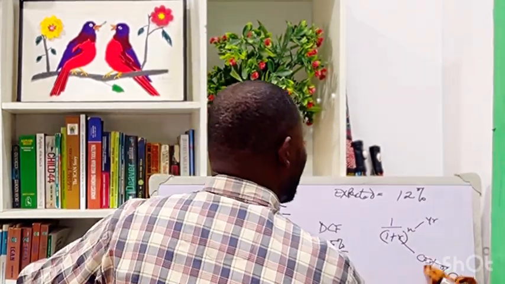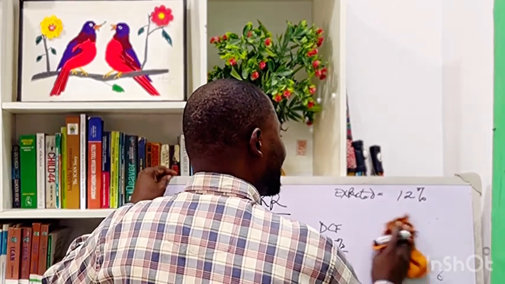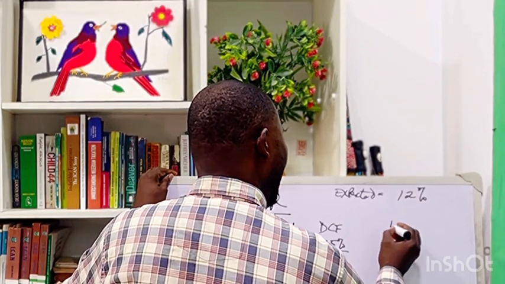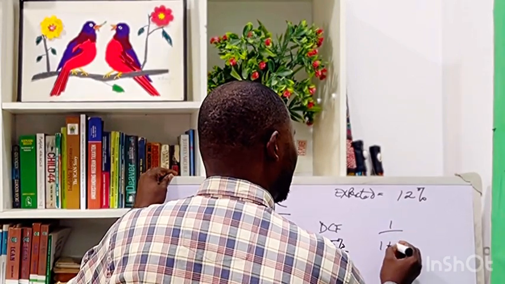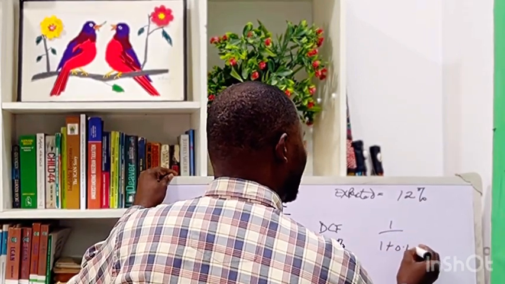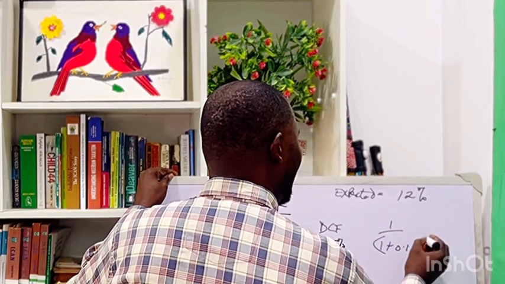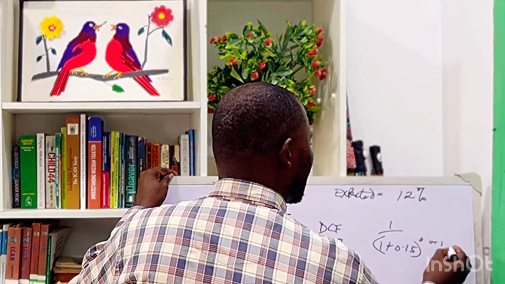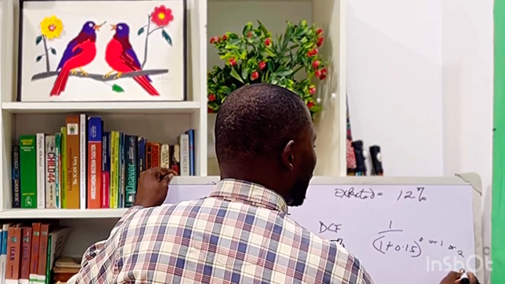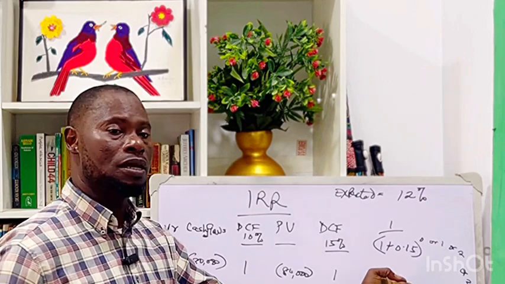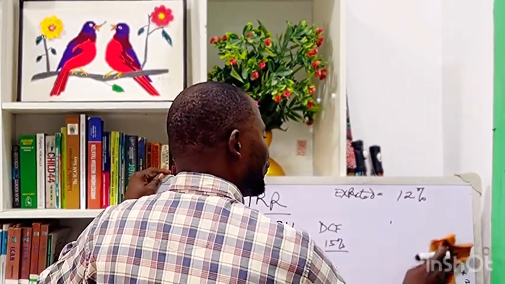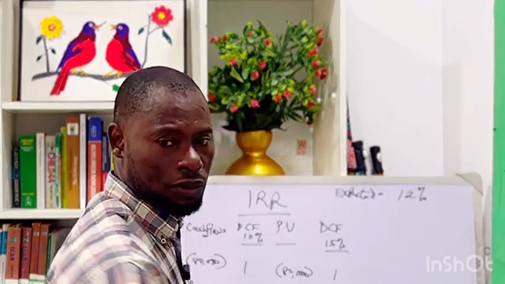So if you do it for 15%, it is simply 1 all over 1 plus 0.15 raised to power 0, or 1 or 2 or 3, as the case may be. This is what we're doing. I've demonstrated that before, so I don't need to do it anymore. I'm sure you're following, and I'm sure you can do it on your own.